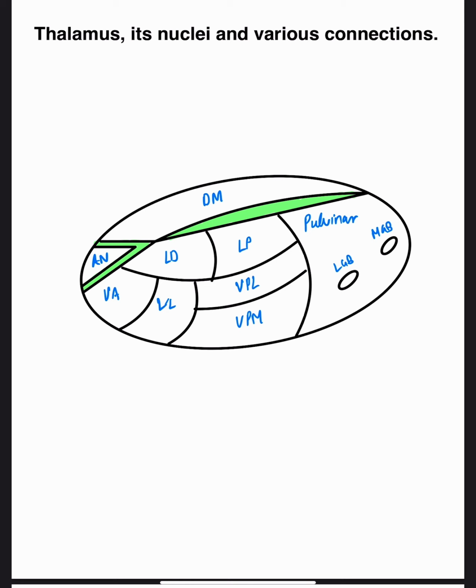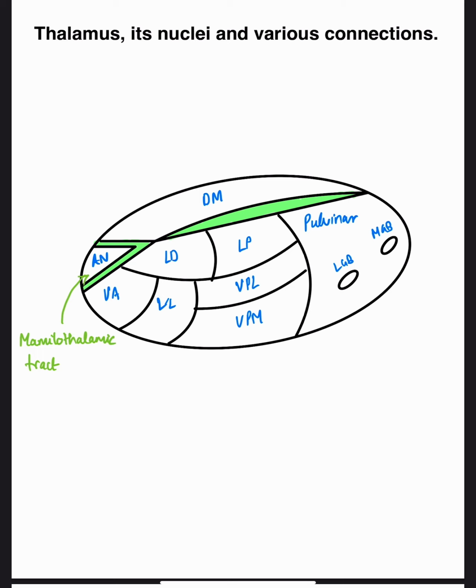Now we are going to study the afferent and the efferent connections. I'm going to represent the afferent by the green color. To the anterior nucleus, the connections come from the hypothalamus, from the mammillary body via the mammillothalamic tract.